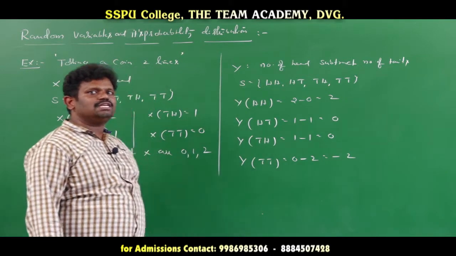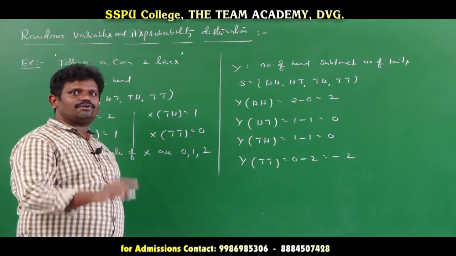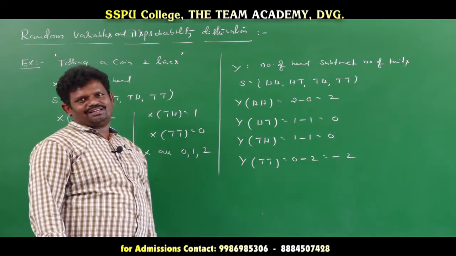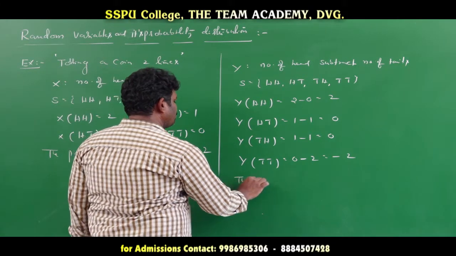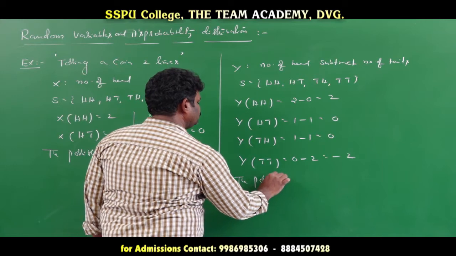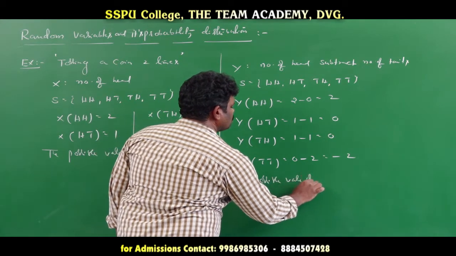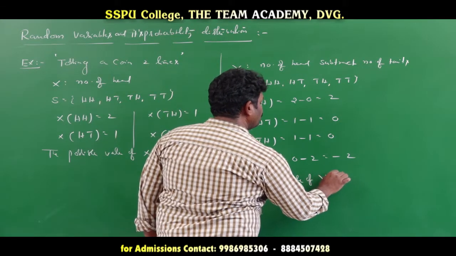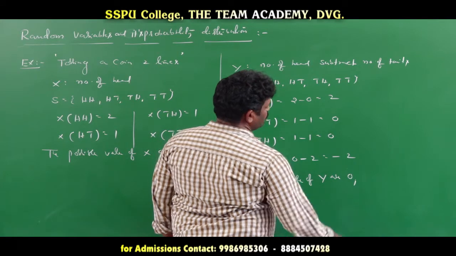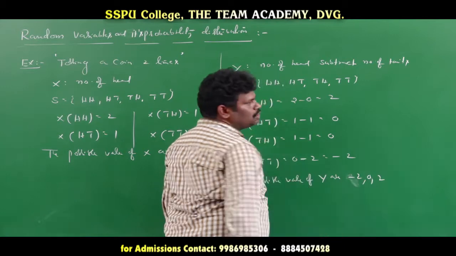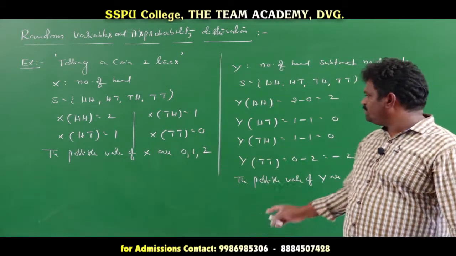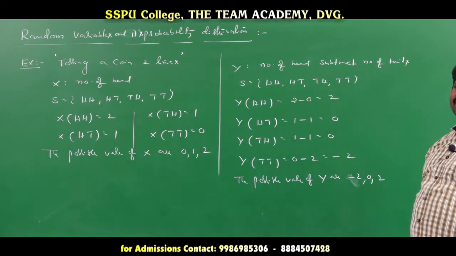Here we observe that the possible values of a random variable can also be negative. So the possible values of Y are 0, minus 2, 0, 2. This is also a random variable with respect to the given random experiment.